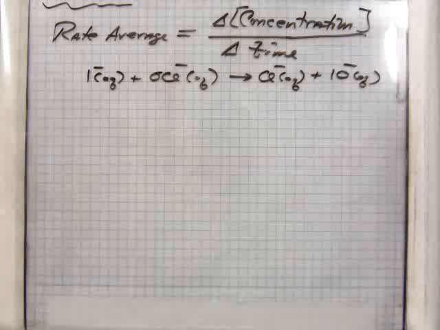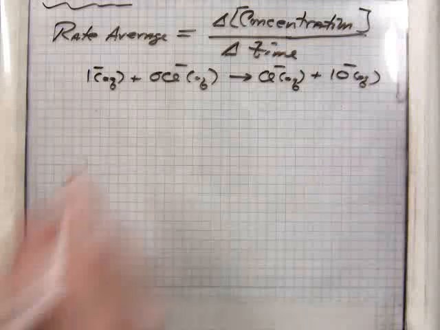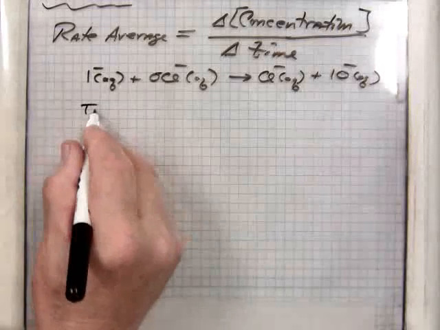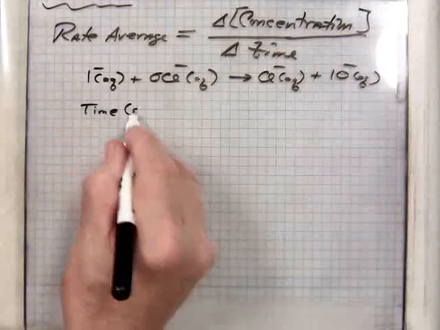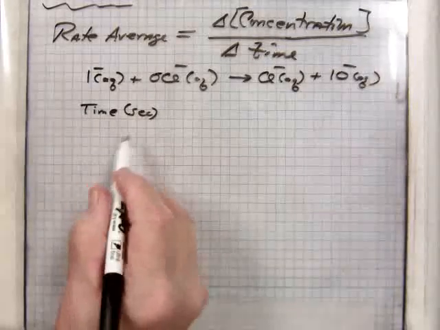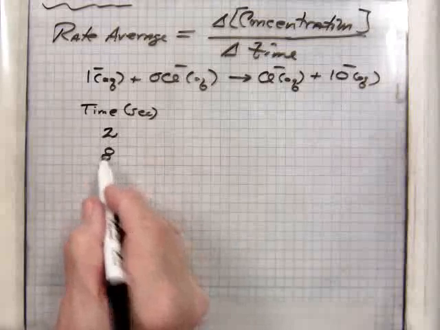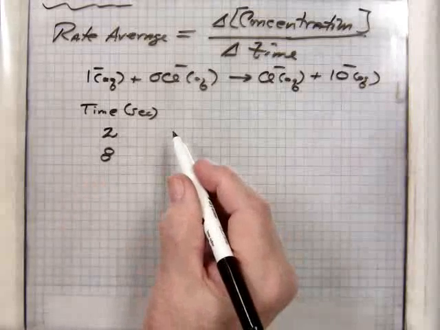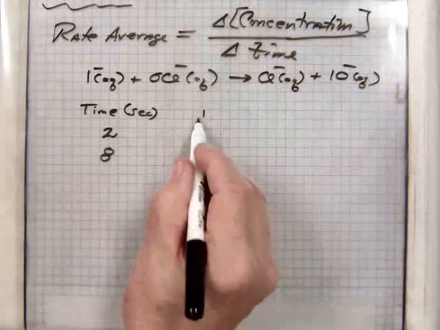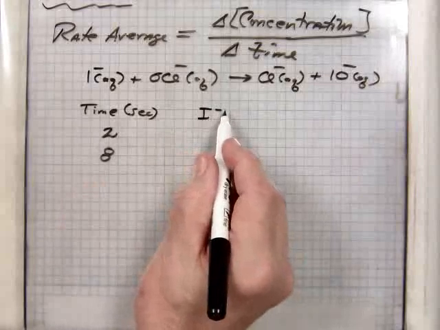Determine the rate average if in a 1 molar sodium hydroxide solution at 25 degrees, the iodine concentration at different times are as follows. So they give you a time in seconds of 2 seconds and 8 seconds and indicate the iodine concentration in aqueous solution.